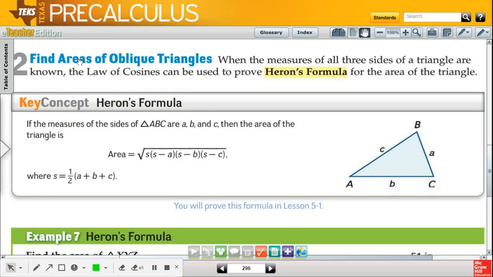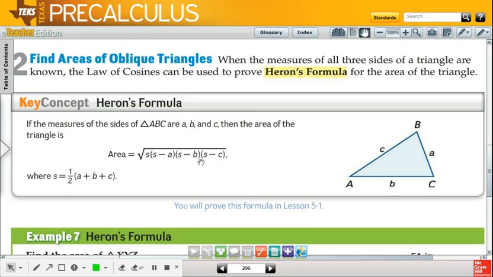So the definition of Heron's formula is: if the measures of the sides of triangle ABC are lowercase a, lowercase b, and lowercase c, then the area of the triangle is the square root of s times s minus a times s minus b times s minus c.